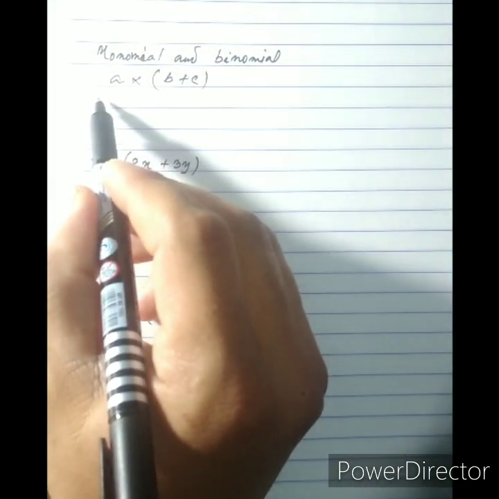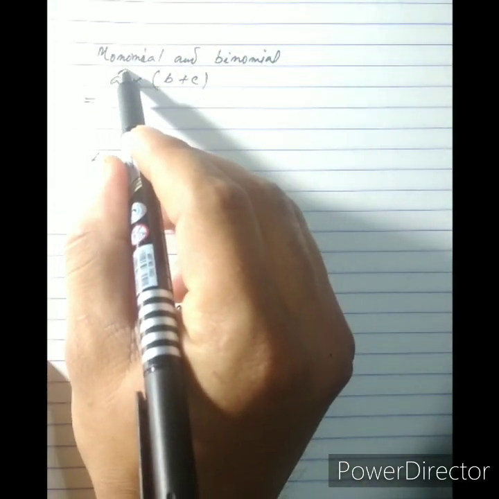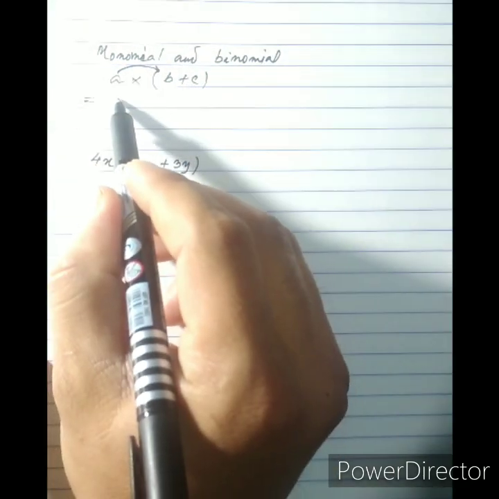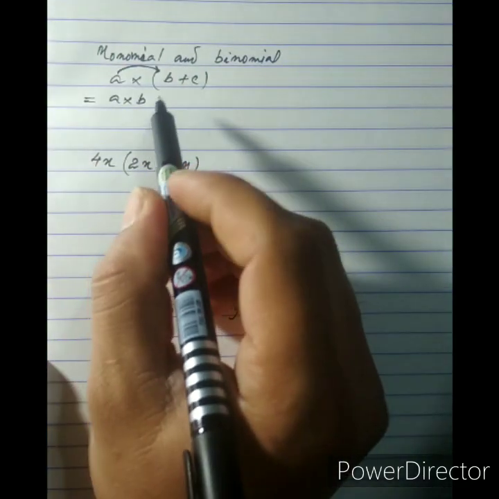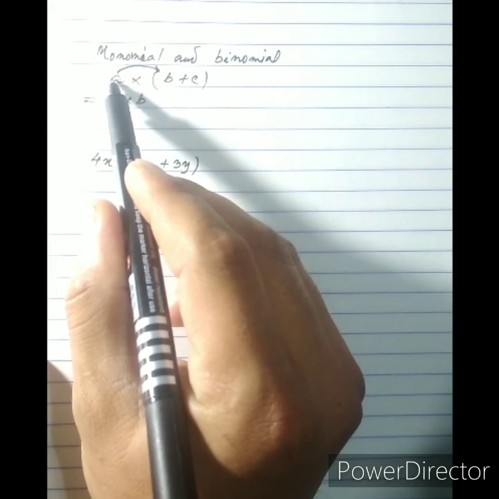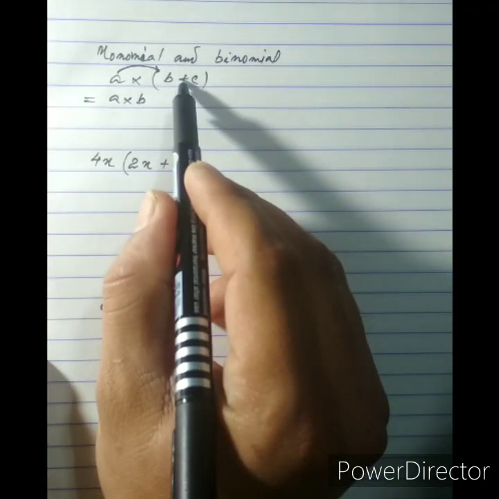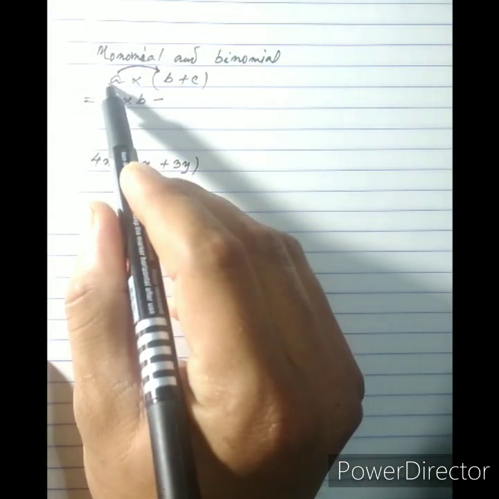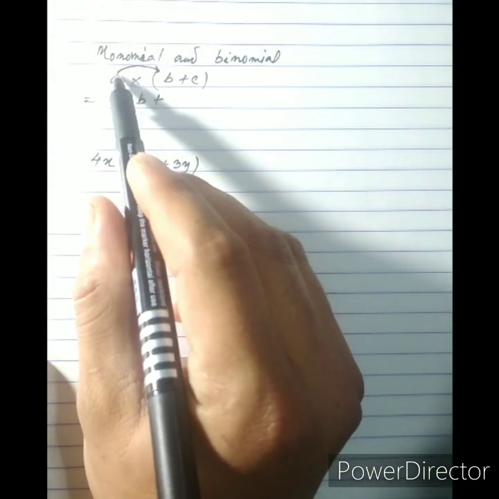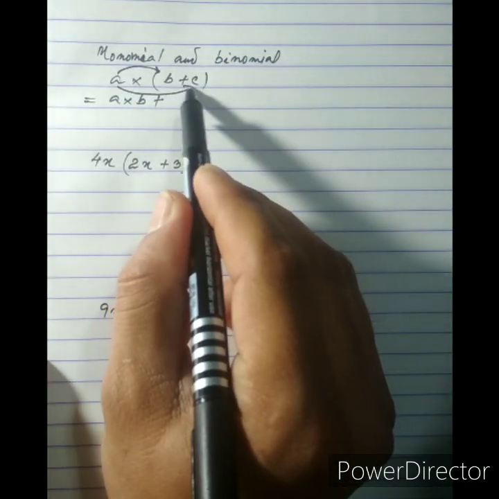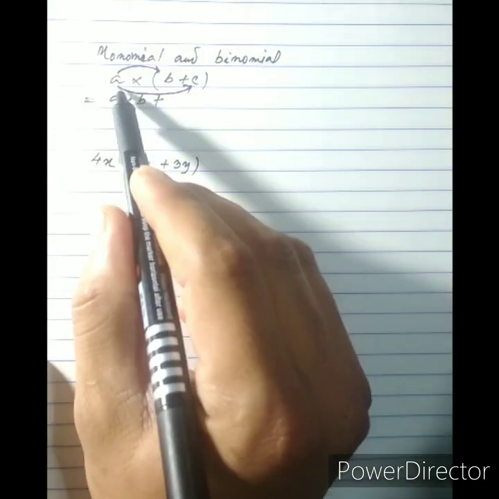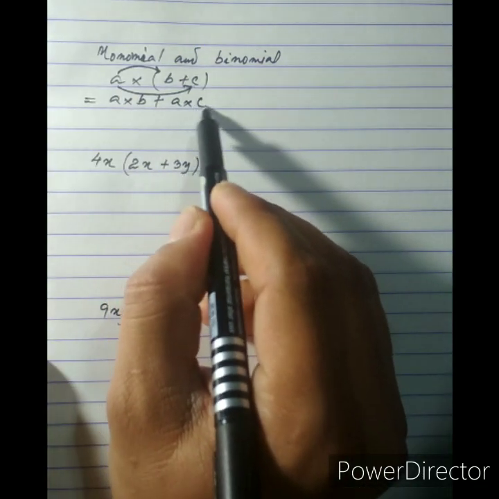In this case, how shall we multiply? First, a will multiply with b, so we get a into b. And then the sign of this a is plus, plus into plus is plus. Then this a will multiply with this second term, so a into c is a into c.